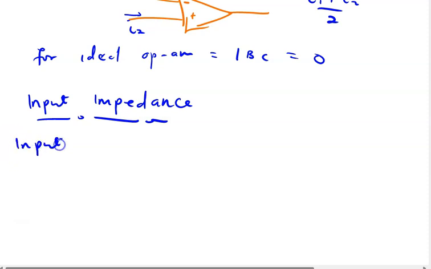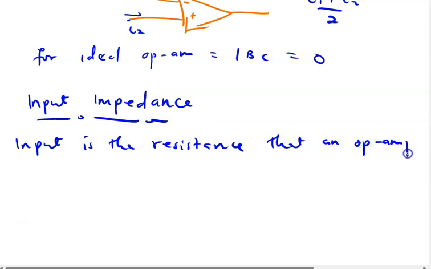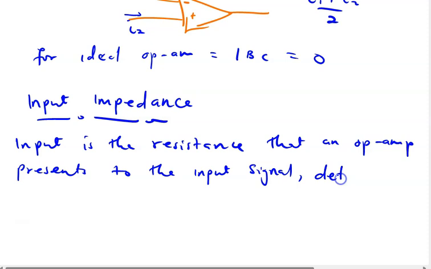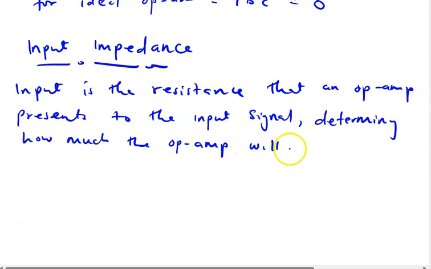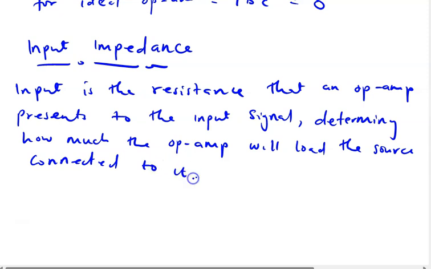So input impedance is the resistance that an op-amp presents to the input signal, determining how much the op-amp will load the source connected to it.